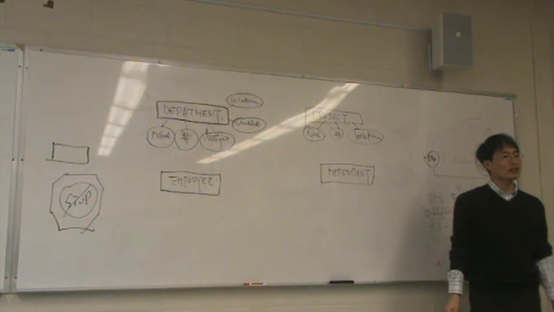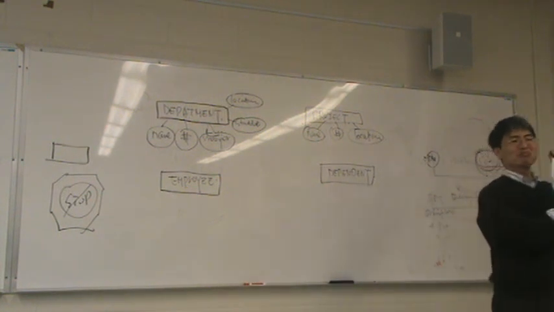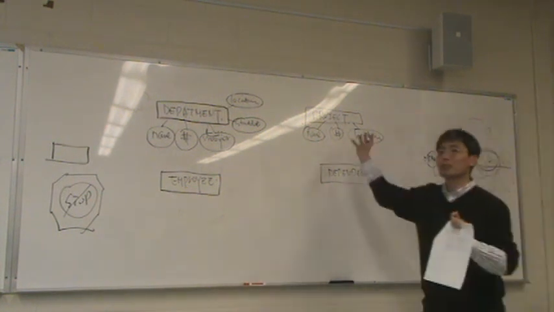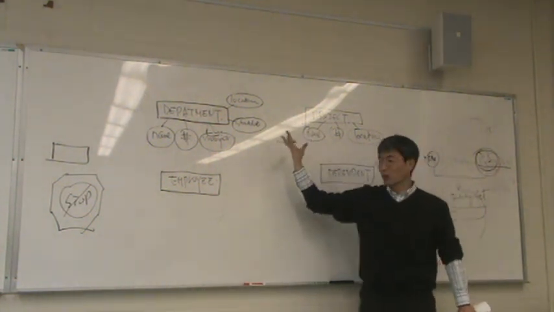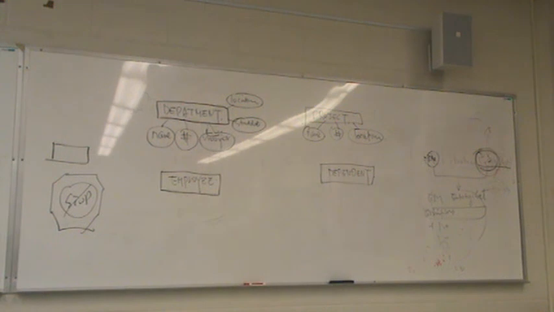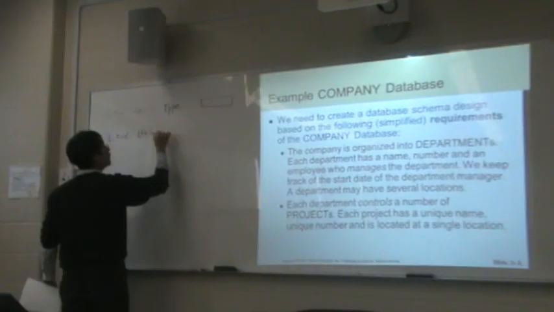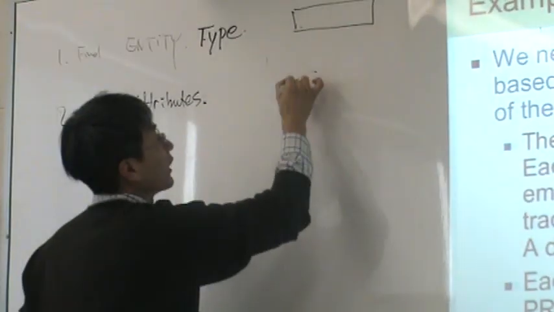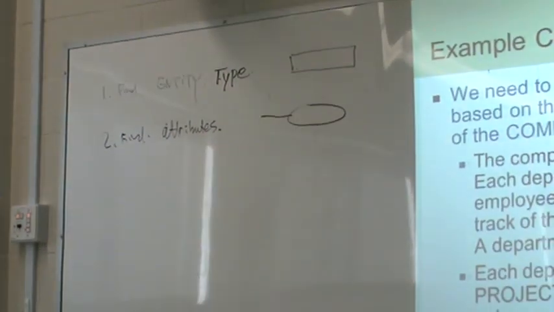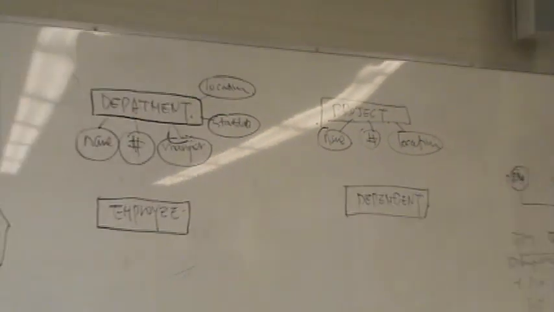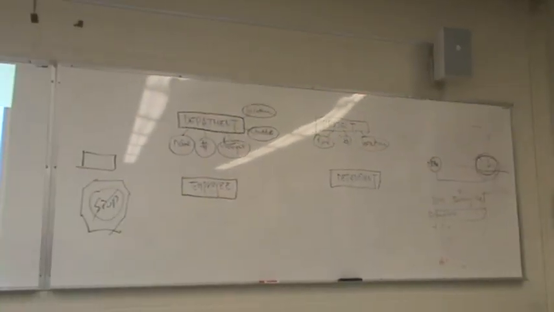Then we can easily understand. Instead of describing the statement, this is much easier to understand, right? So the next step is to find the attributes of each entity type, then use ovals and connect. Why don't you find this one and this one too, using the provided information? You can use the handout.